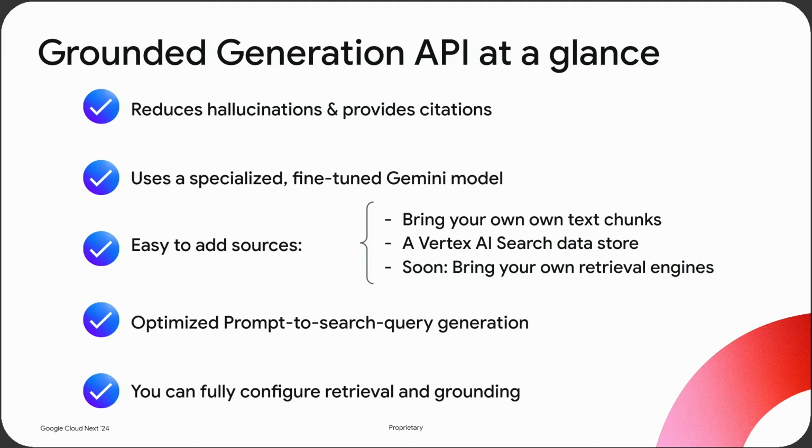For the grounded generation API, we are using a fine-tuned Gemini model that is specifically aimed at optimizing the performance for the grounding use case. And that helps reduce hallucination and provide citations much more reliably via that particular model. We make it very easy for you to add your own sources to it.